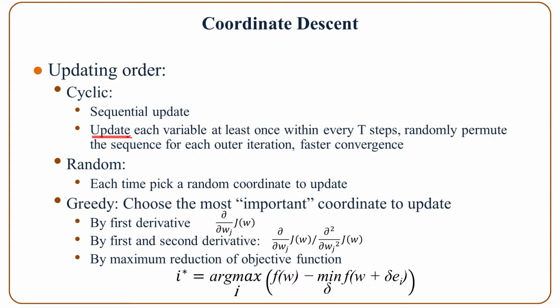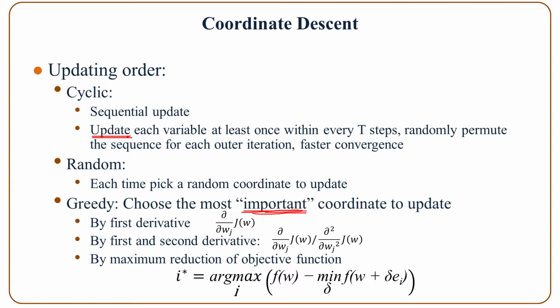Another is random updating order. Each time we pick a random coordinate to update. And greedy updating order, we choose the most important coordinate or variable to update. So how?